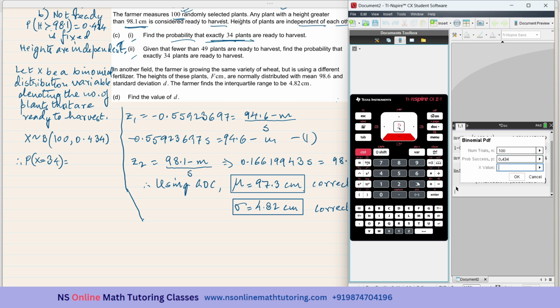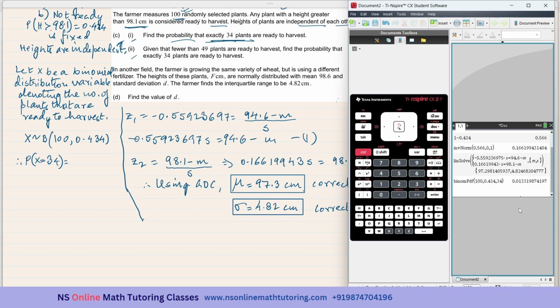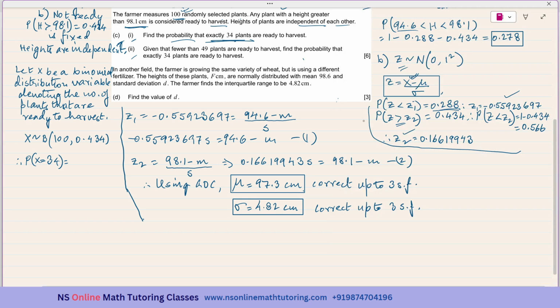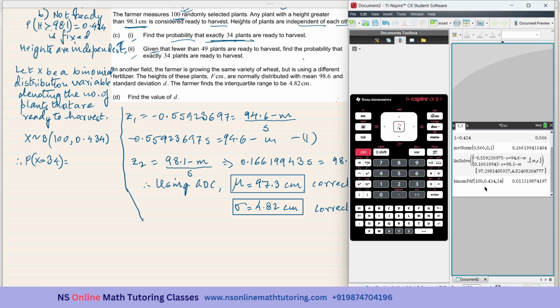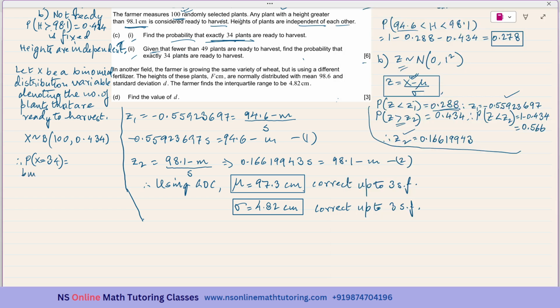You have to write this as 34. It is 0.0133. And see how many marks this contains. It is containing 6 marks. If you have time, then you can just write binom PDF. The students who are using the Casio calculator, you should be writing the function name equivalent to binom PDF.